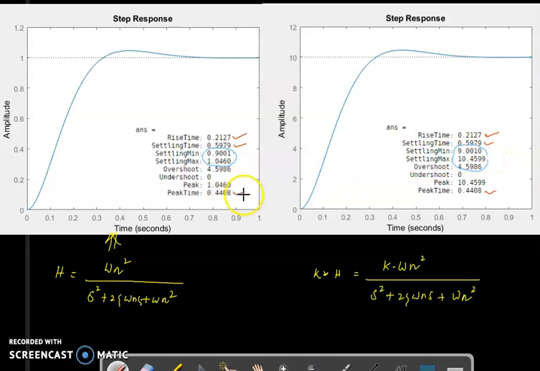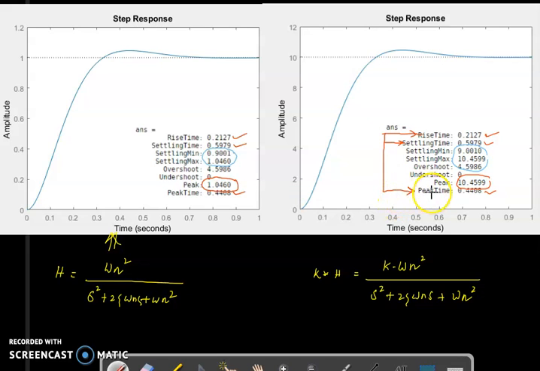And also the peak value: in the first case without gain, the system produced a peak of 1.04, but in the second case the peak is 10.4599.